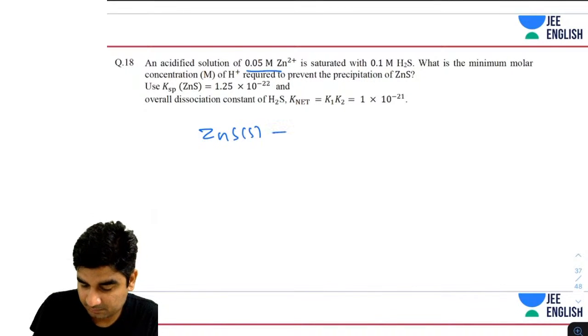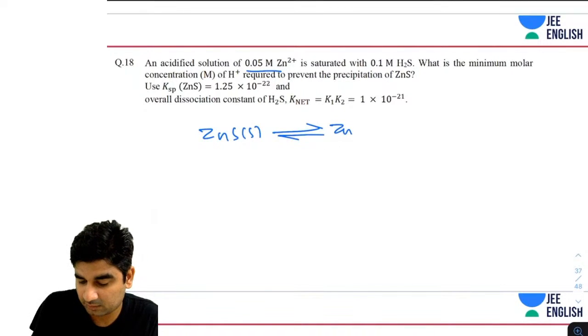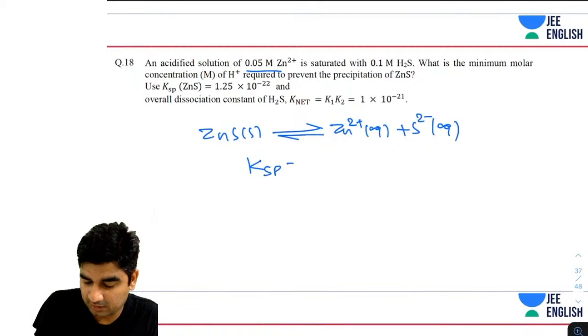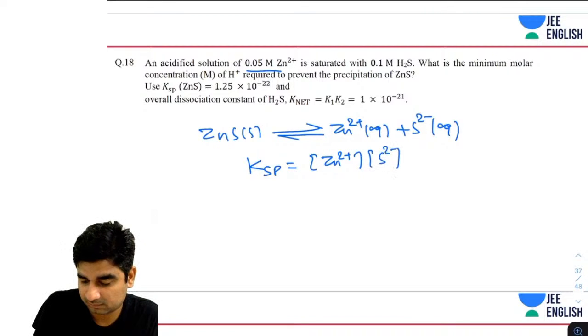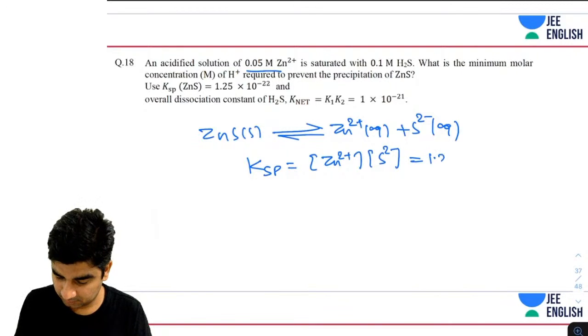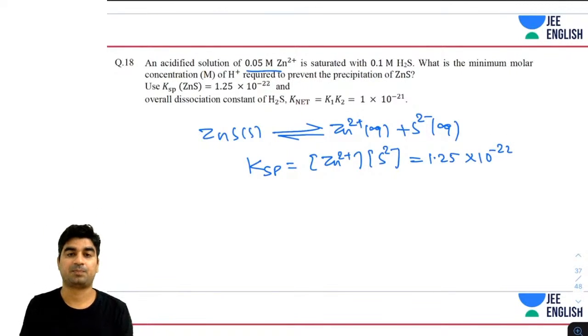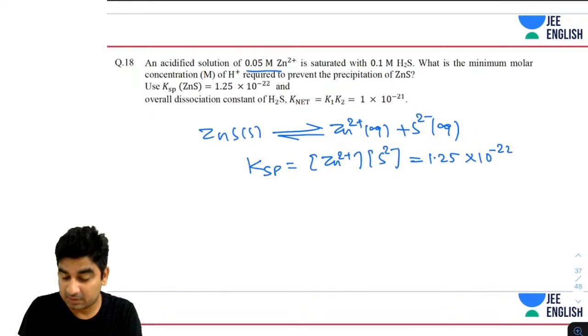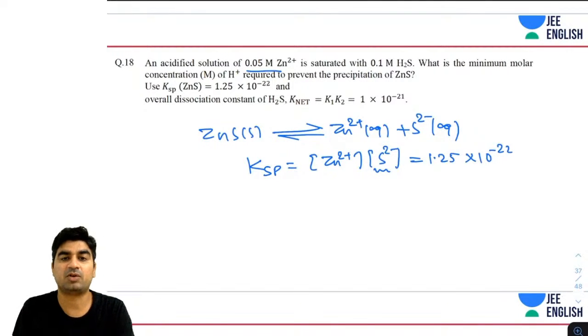ZnS, it is going to give you, so Ksp will be like it. Got it? So guys, you have to calculate the minimum value of S2 minus.